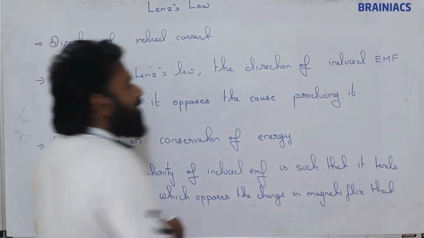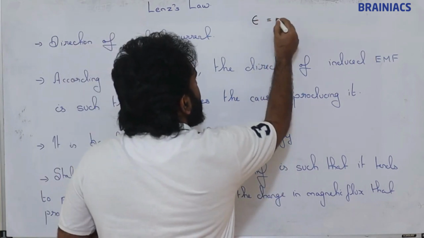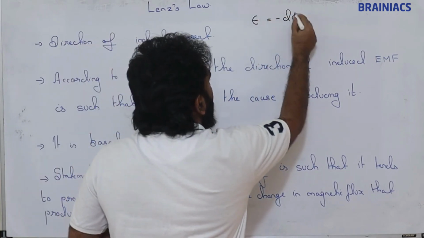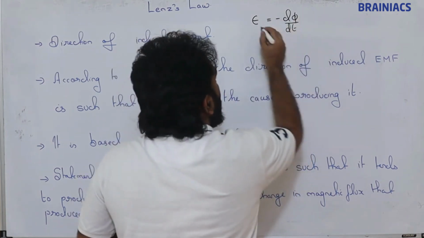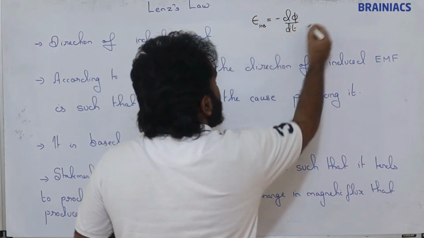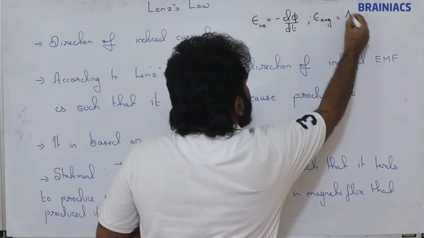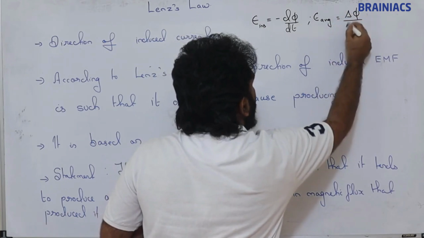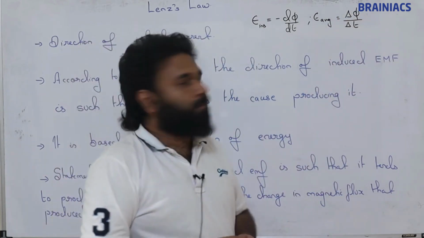Already we have seen this in the very first session. So induced EMF E is equal to minus d phi by dt, which is instantaneous. The average EMF is the change in flux divided by the time duration for the change in flux.